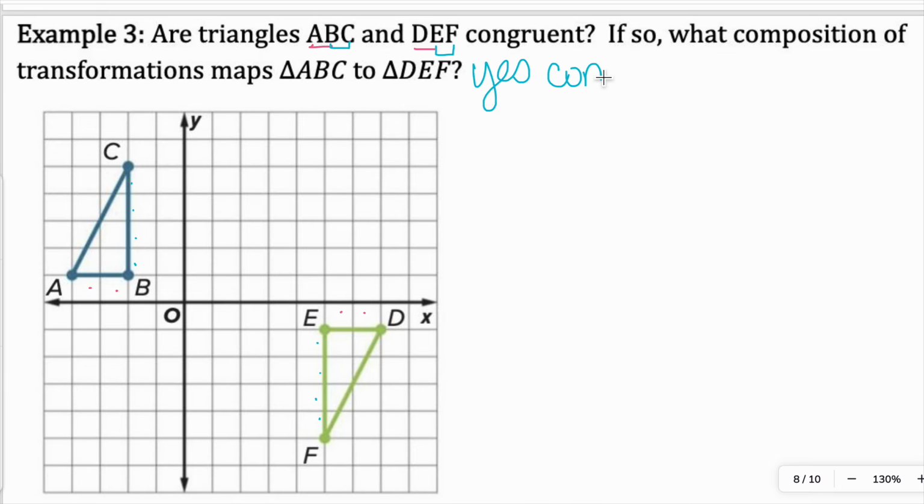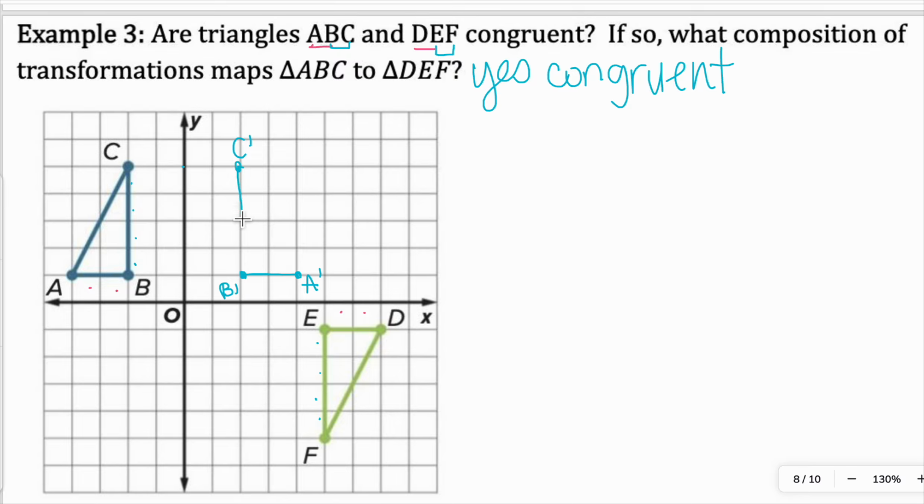And because they are congruent, I can decide what type of transformation it went through. One thing I might have thought of was reflecting over the y-axis first. So C can be 2 points away from the y-axis. I'm going to say C prime could be 2 points away from the y-axis here. Same thing with B. And then A is just 2 steps away from B. So there's my A prime.